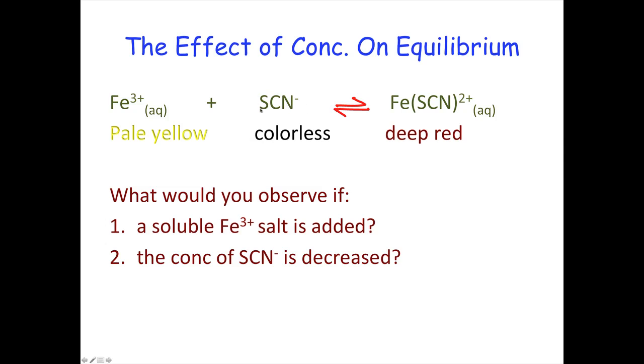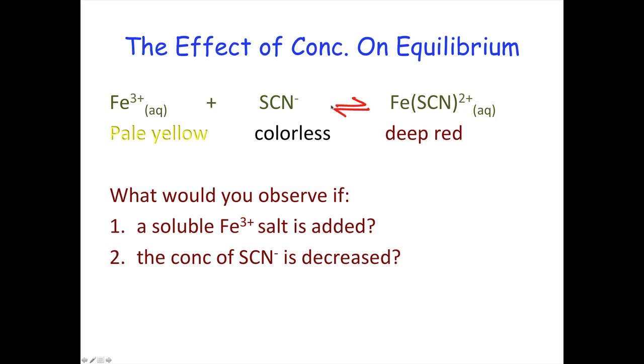So to increase the concentration of thiocyanate, the position of equilibrium will now shift to the left, meaning that some of this is going to form more thiocyanate ion. So if you had this experiment set up in the lab, you'll see that the solution in the beaker will be getting lighter in color because more of the thiocyanate and the Fe3+ is being formed. So it's going to get lighter in color because you'll have less of this now.